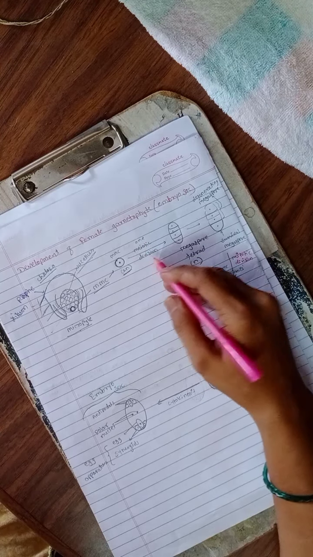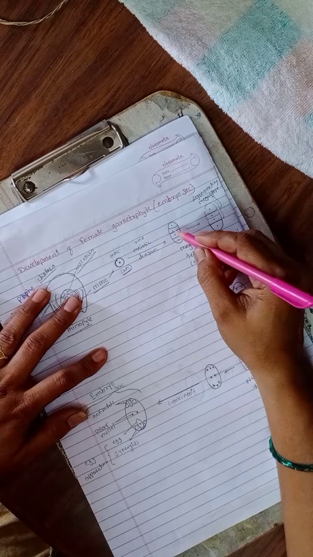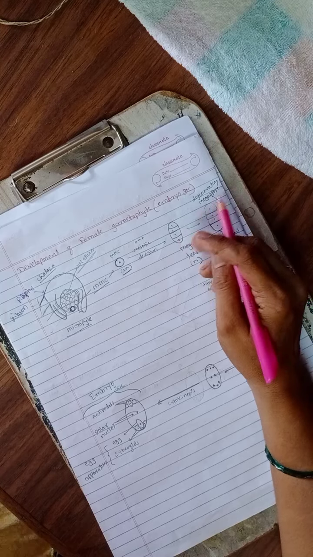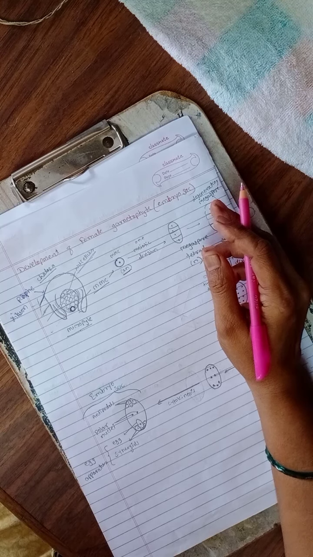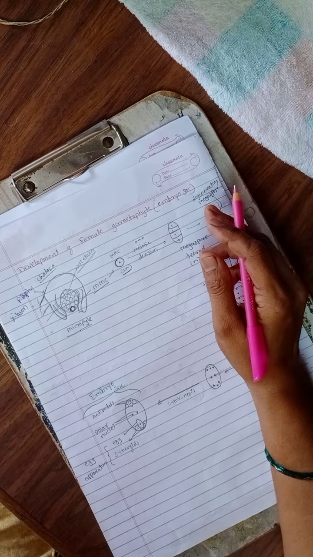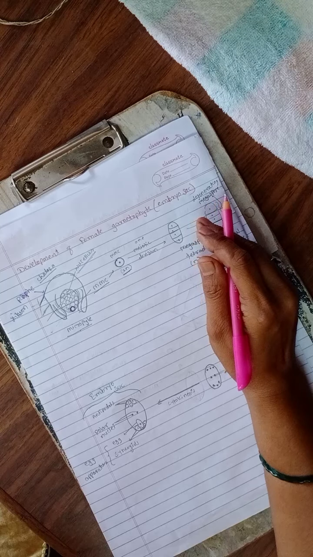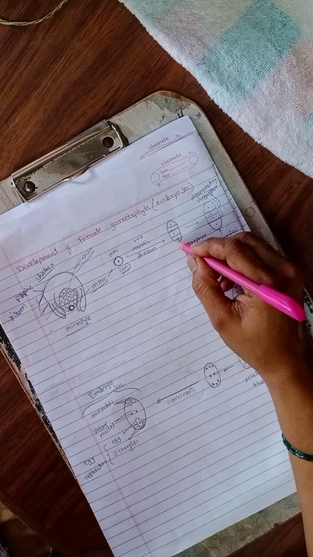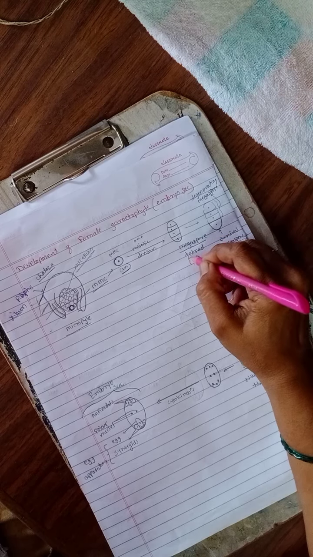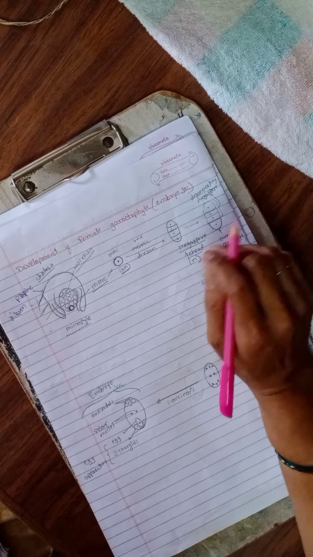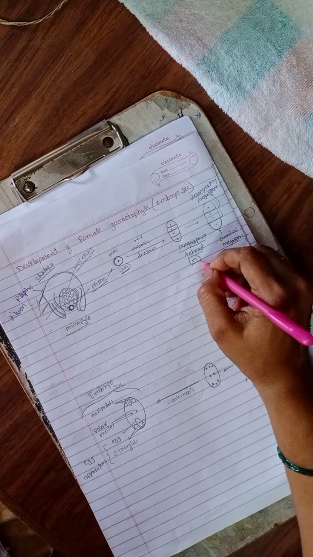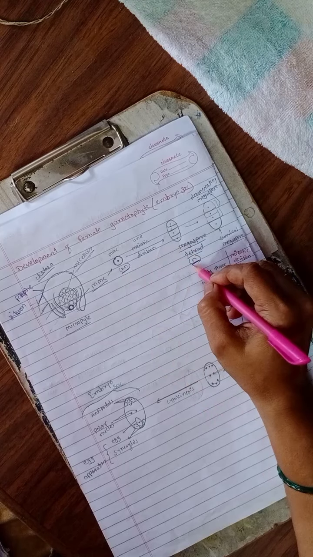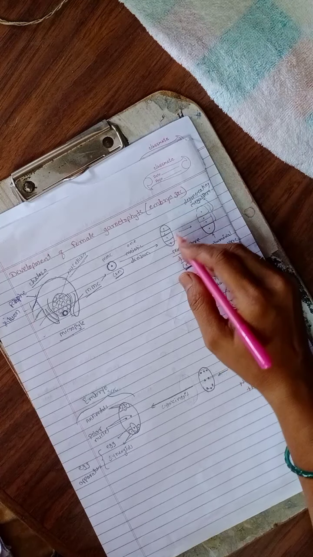One meiotic division takes place and it is converted into 4 cells. In mitosis one cell is converted into 2 cells, and in meiosis one cell is converted into 4 cells, that is, 2 cells in meiosis I and 4 cells in meiosis II. These 4 cells are known as the megaspore tetrad. Tetrad means 4 cells, and these cells are haploid because meiosis is a reductional division. From 2n, single haploid cells are formed.